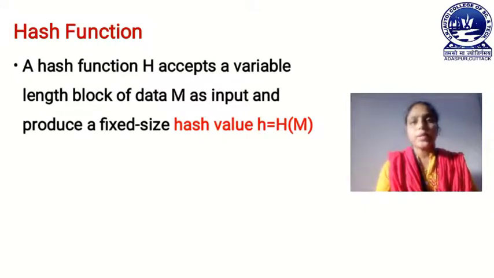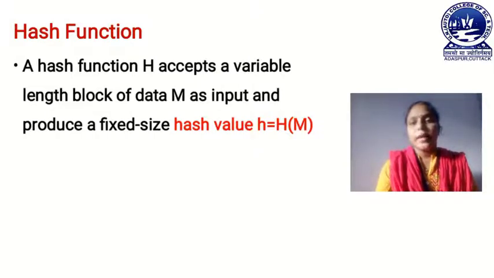A hash function accepts a variable length block of data m as input and produces a fixed size hash value, that is the small h, which is equal to H of m. Which means here hash function is a function which is represented by capital H, and this function takes a variable length of data as input, and that data is represented as m.